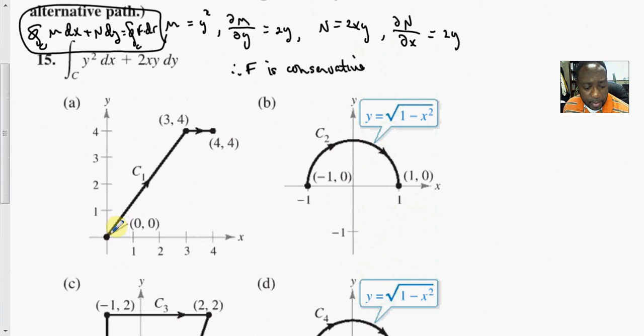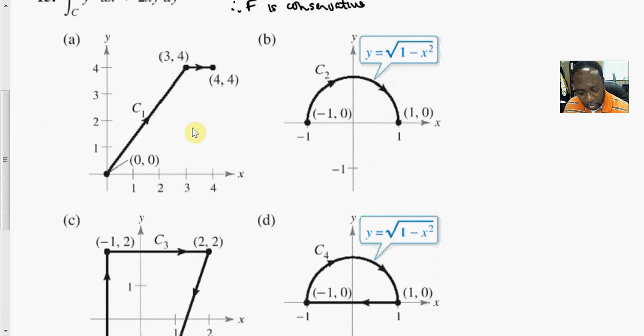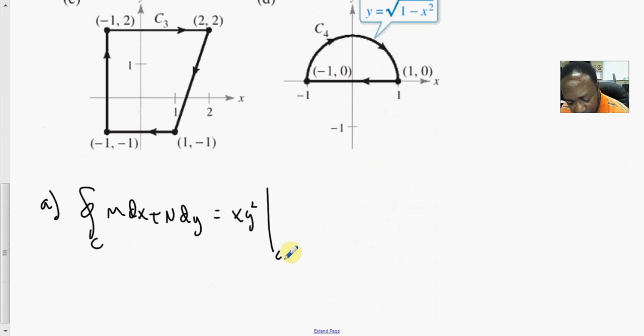Now you can break that up into two paths: from 0, 0 to 3, 4, then from 3, 4 to 4, 4. You get the same thing.